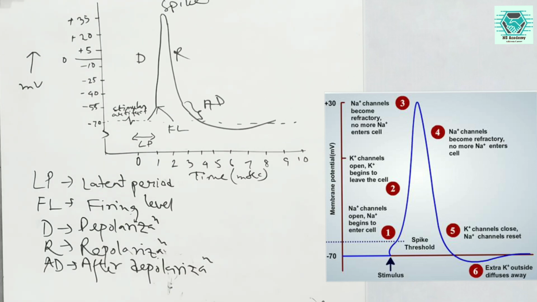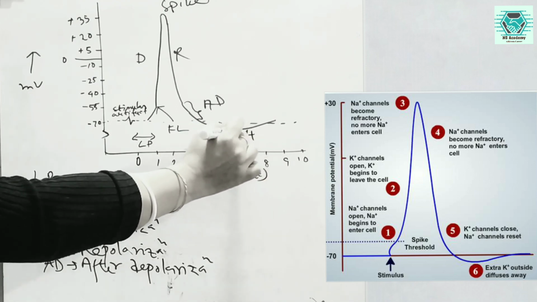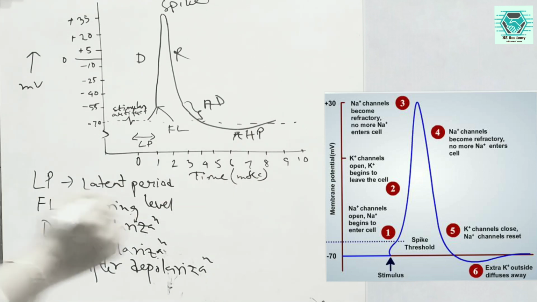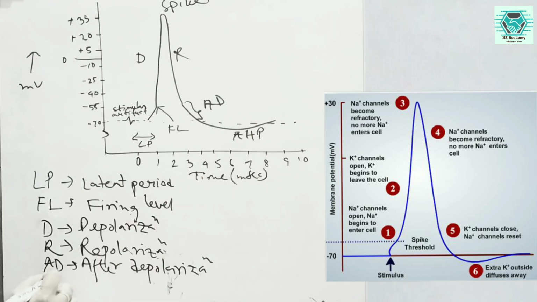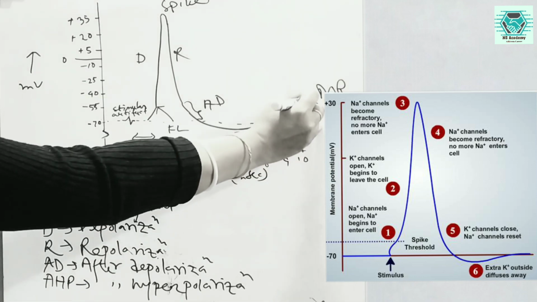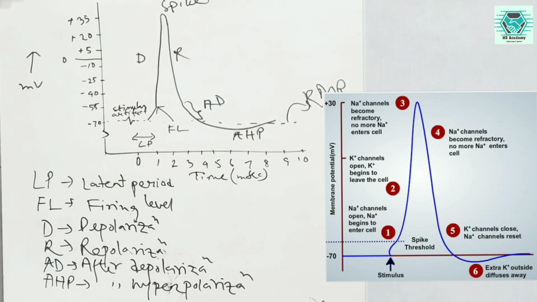And the remaining area is after hyperpolarization. And then again this is the RMP, the resting membrane potential. Again it achieves the RMP.